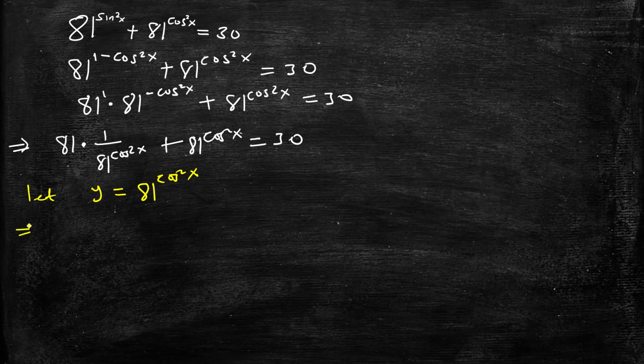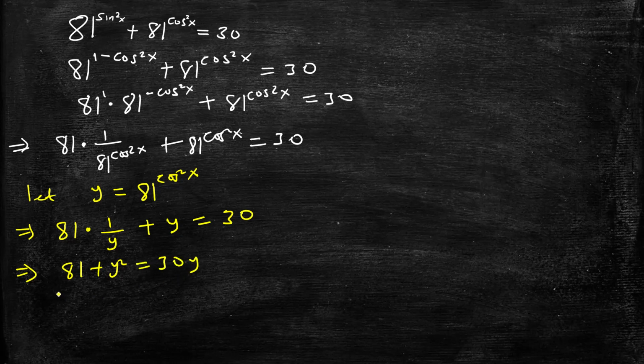Going forward, you can say 81 times 1 over y plus y equals 30. Let's simplify this. This is the same as 81 over y, so multiply through by y, we have 81 plus y squared equals 30y.